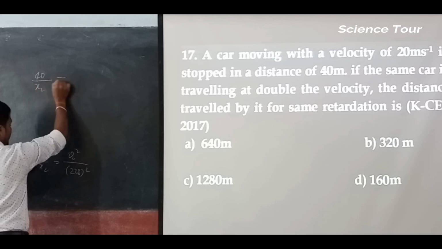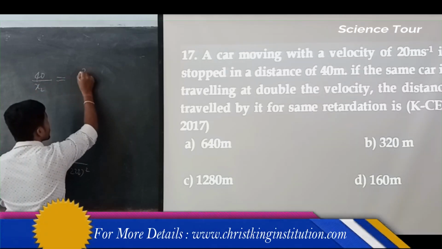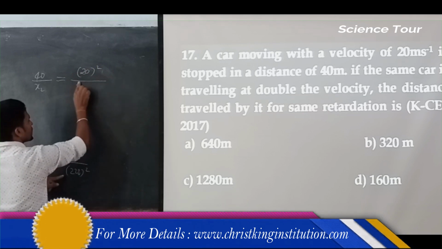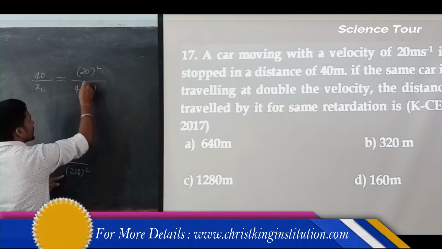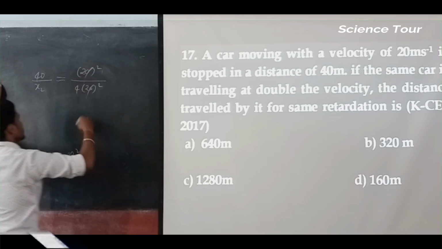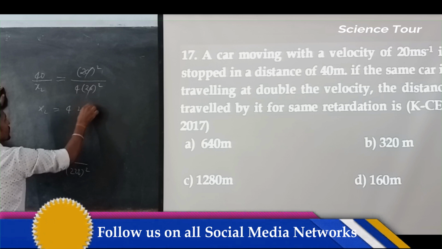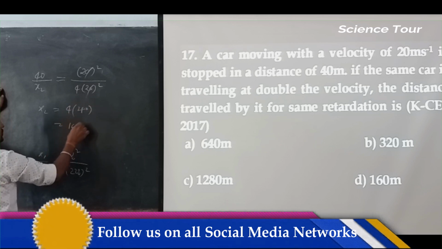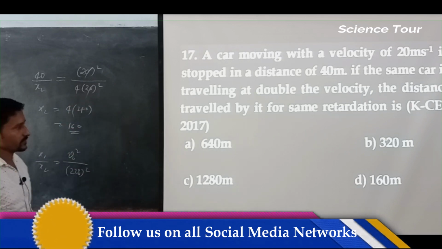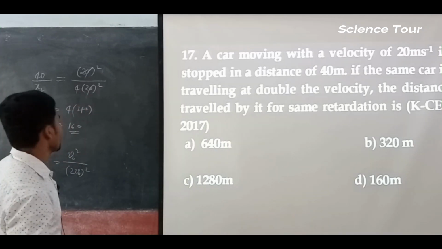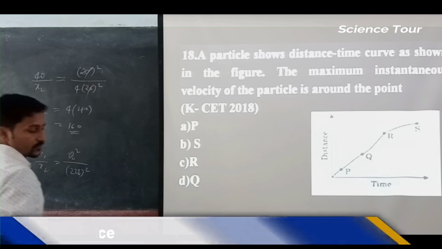Next you have to find out. Earlier 20 whole square, later 2 times 20, means 4 times 20 whole square. Cancels, you are going to get x2 which is equal to 4 times 40, that is 160 meter. So this is what the stopping distance is.